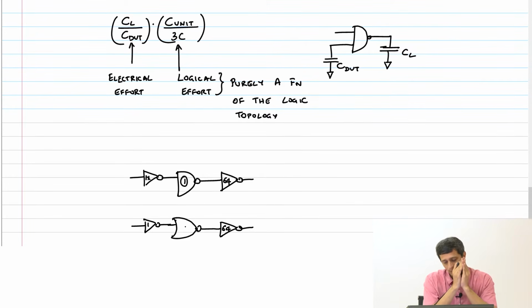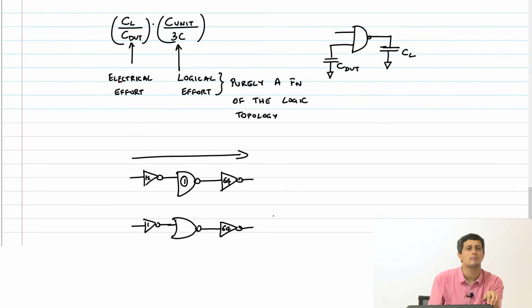Correct. But that seems like a first correct intuitive step to the answer. The problem is, I cannot even answer this question meaningfully unless I normalize the input capacitance of both these gates. Why? Because the delay of this path is determined by the delay of 3 gates, or let's say I am looking at delay only from here to here.